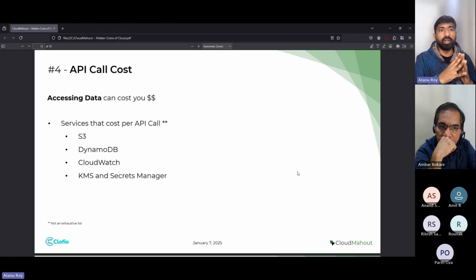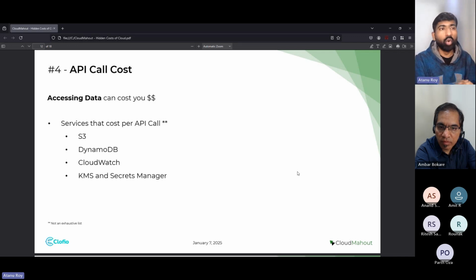These kinds of charges are based on how frequently you access the data. If I take an example of S3 buckets, every time you put data into your S3 bucket, every time you read data from your S3 bucket, you are being charged a certain amount of money. This is not about the storage. It is separate, to access that particular data.